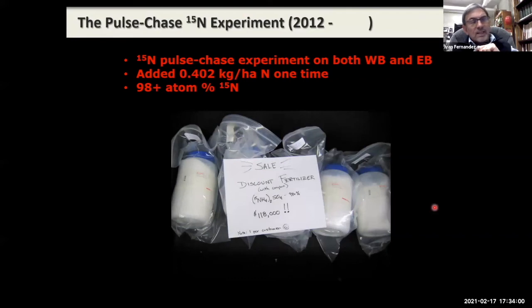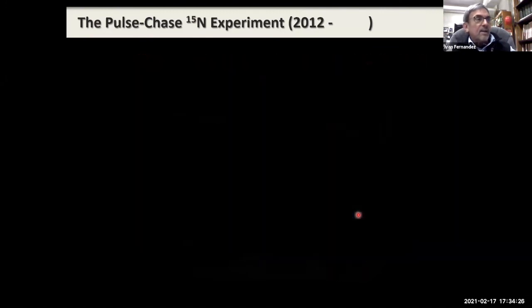Back in 2011, I spent $118,000 on these 5 buckets of ammonium sulfate fertilizer, but all of the nitrogen in it was heavy nitrogen, N15, so that we could use that to treat the entire watershed and then track it. And we're still able to go track it. And my granddaughter can go track it when she's a famous soil scientist someday herself.